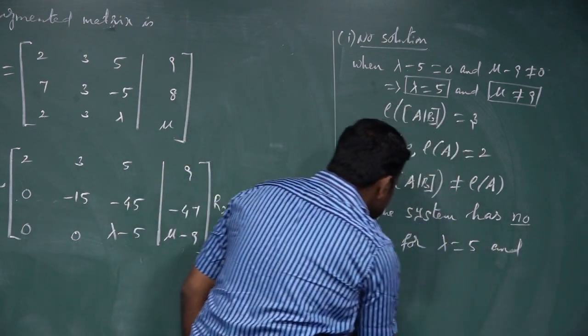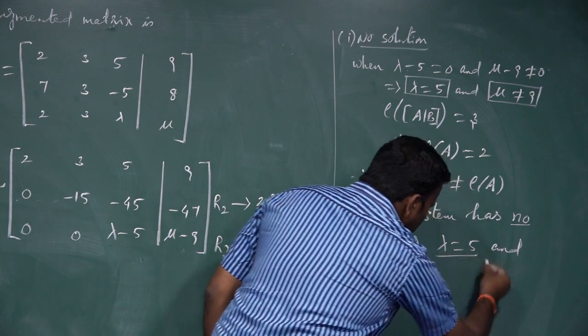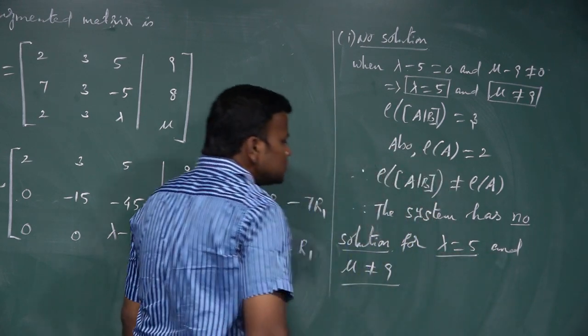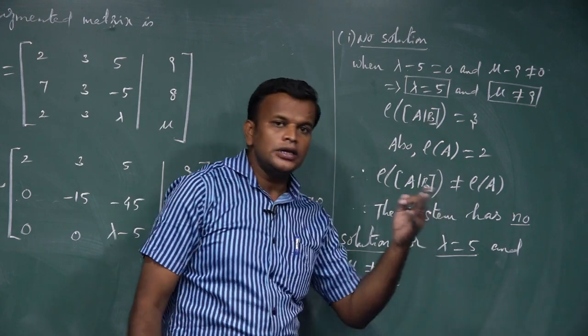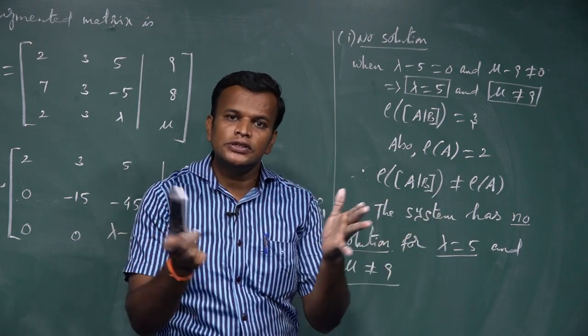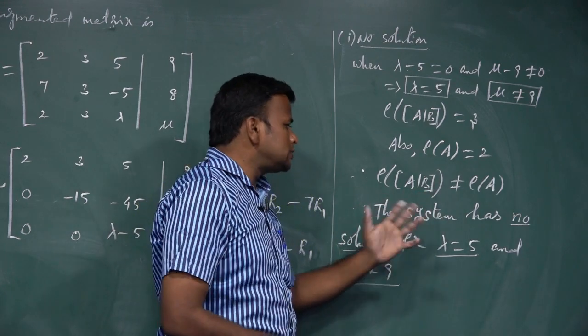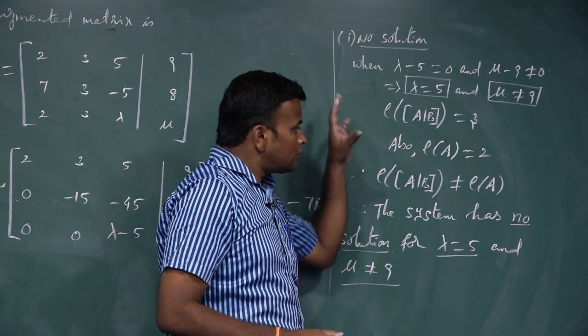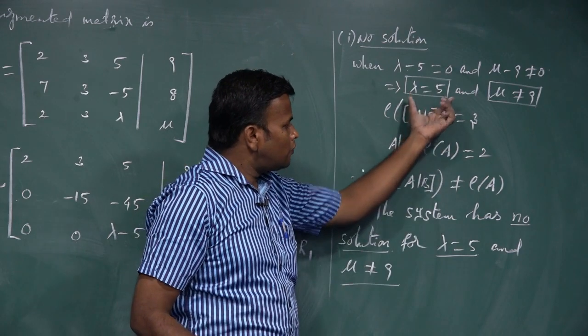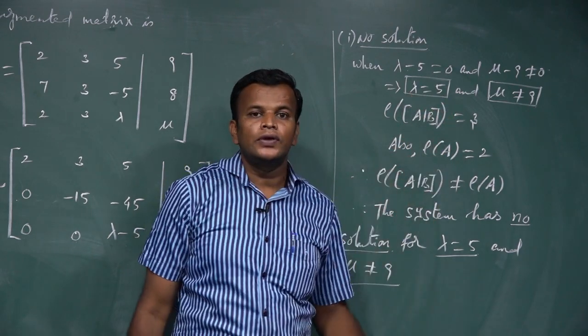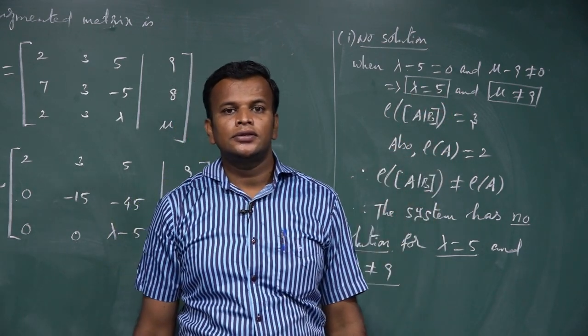The system has no solution for lambda equal to 5 and nu not equal to 9. A system means the given 3 equations. So we combine the given 3 equations and say it is a system. So the given system of equations has no solution when the value of lambda is equal to 5 and the value of nu is not equal to 9.